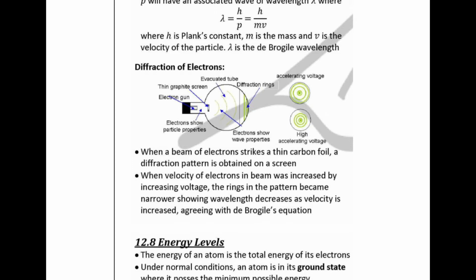This shows the wavelength decreases as velocity is increased, agreeing with the de Broglie equation. So you see the equation somewhere here. When the voltage increases, the velocity increases, so this one increases and the wavelength decreases. So the equation fulfills the experiment. That's what they say.